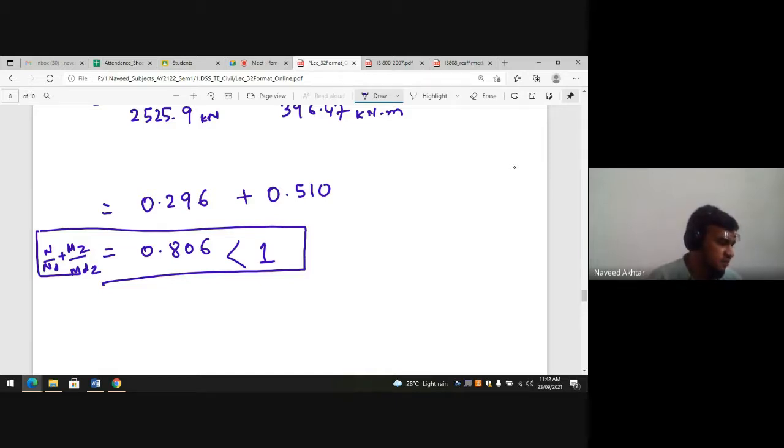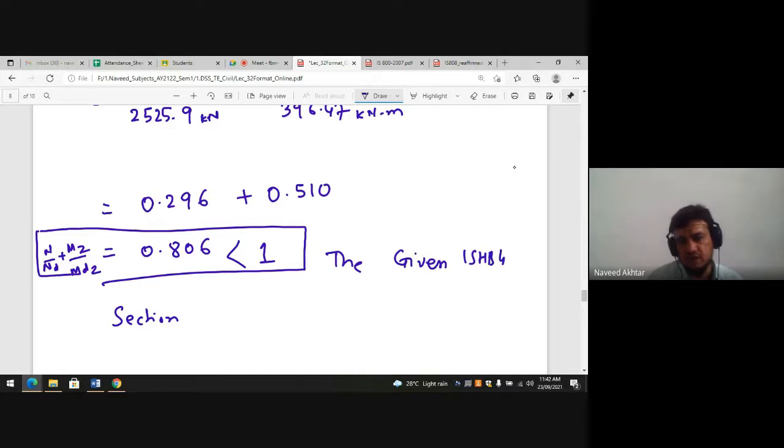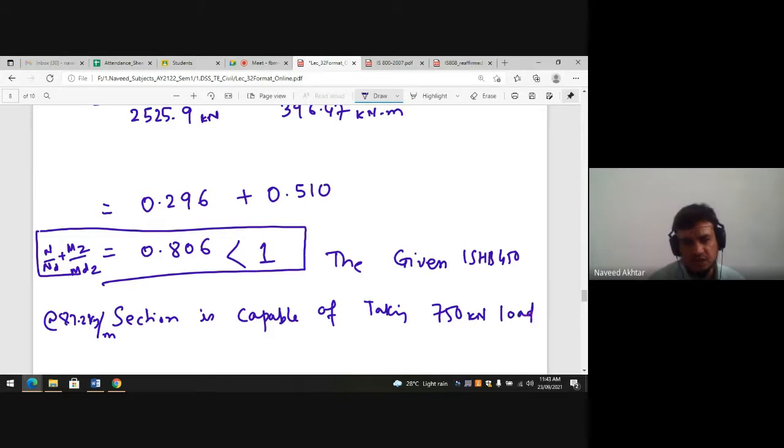So we can say that the given section, ISHB 450, about 47.2 kg per meter, is capable of taking 750 kilonewton load with eccentricity of 270 mm.